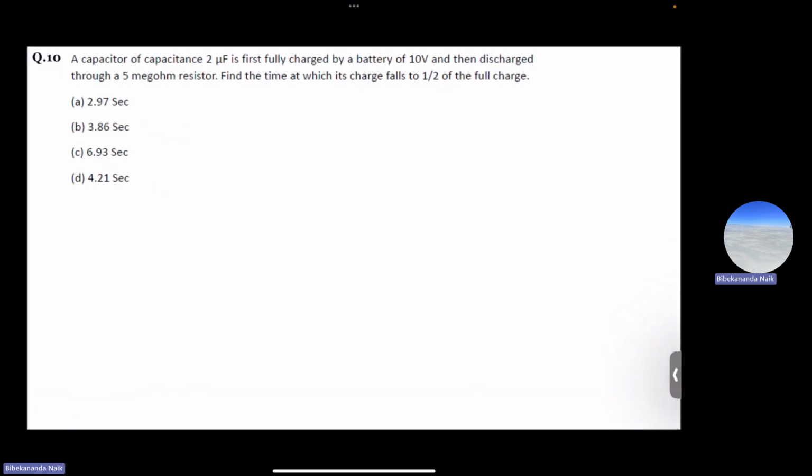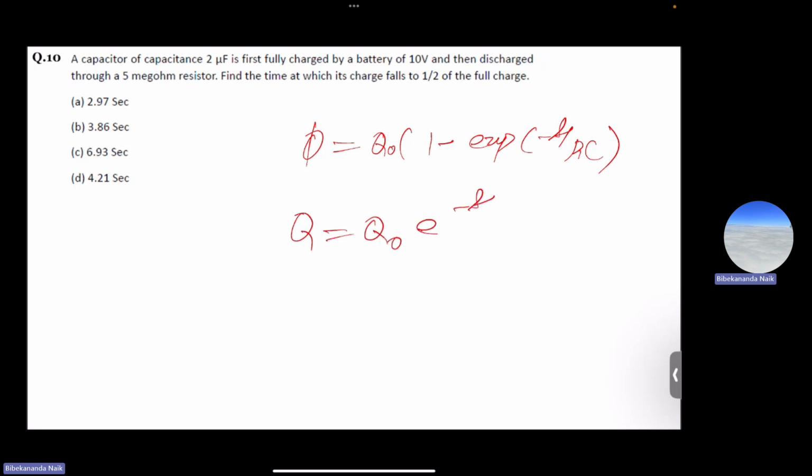So if we solve it, this is the expression: q equals q0 e to the power minus t by RC for discharge.